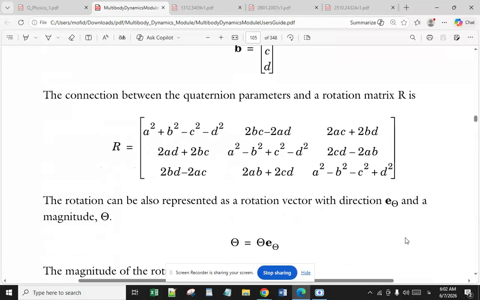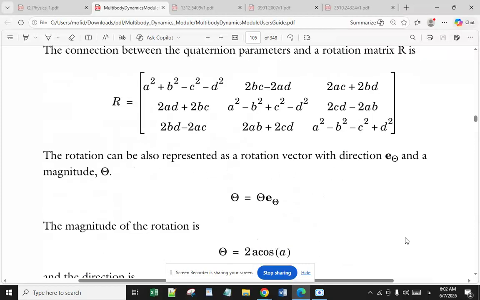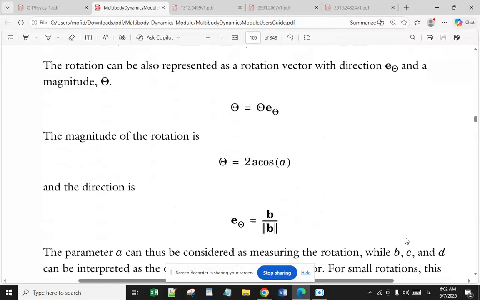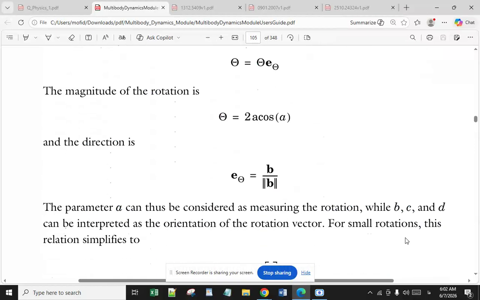The rotation can also be represented as a rotation vector with direction e and a magnitude theta. The magnitude of the rotation is theta equal to 2 arccos a, and the direction is e equal to b divided by the absolute value of b.